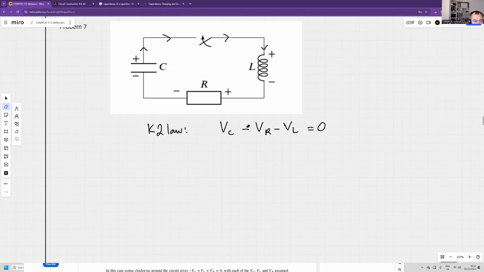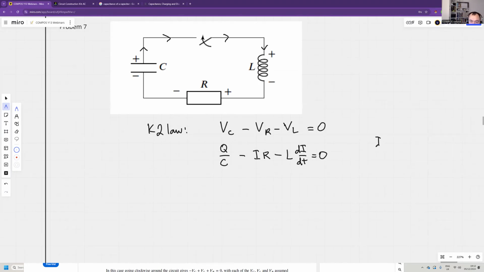Okay. So good so far, but there's still more to go. Voltage on the capacitor is Q divided by C, minus VR. VR is current times R. That's all good. Minus VL, the voltage on the inductor, so that's L dI/dt equals 0.